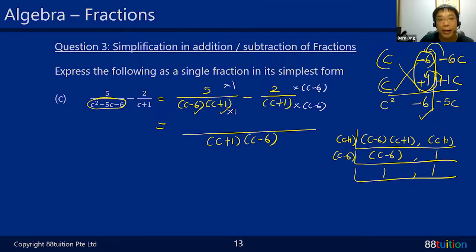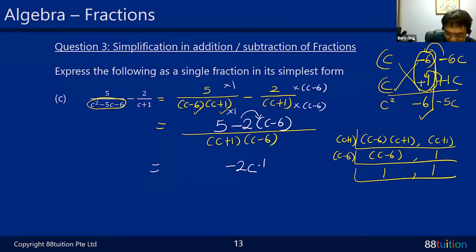Write it out. 5 times 1 is 5, minus 2 bracket C minus 6. Please, don't cancel C minus 6 and C minus 6. Don't cancel. You have to expand. Minus 2 times C is minus 2C. Minus 2 times minus 6, minus and minus, plus 12.